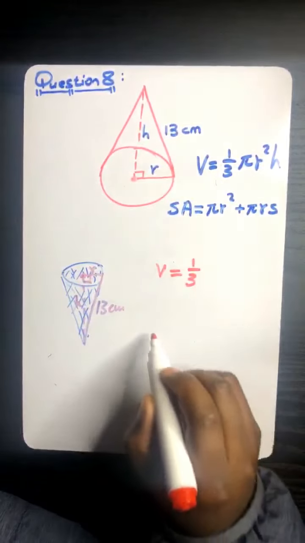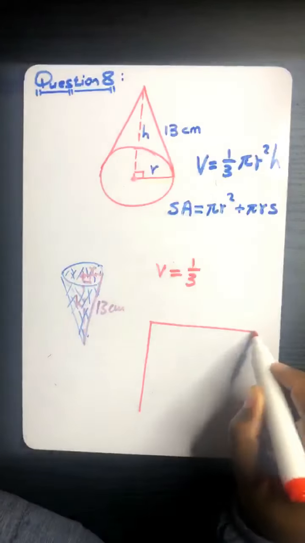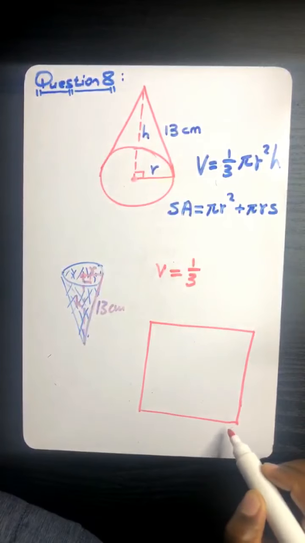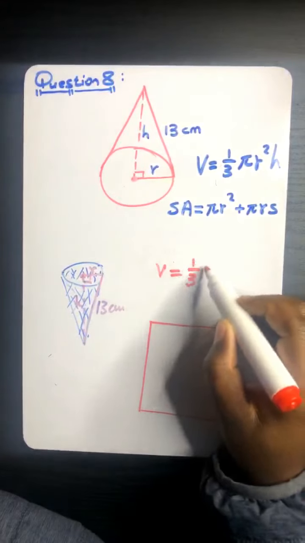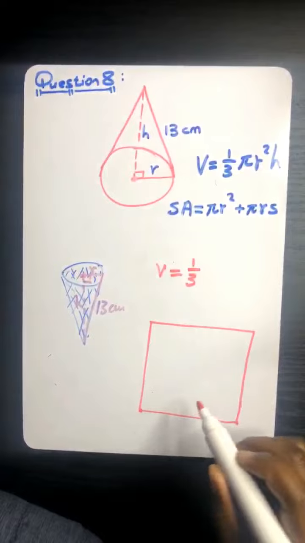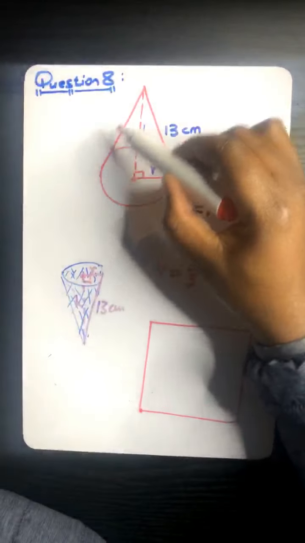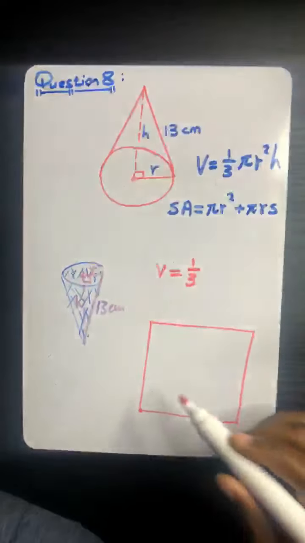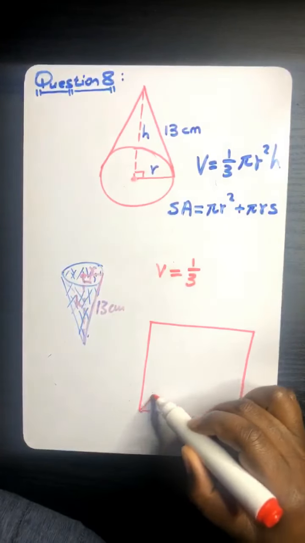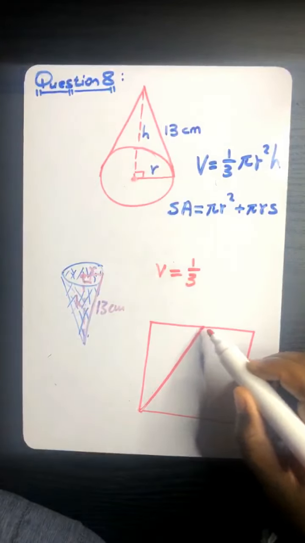But I've always known that when you have a cone, the formula is 1 over 3 something. And this 1 over 3, this is how I've always remembered it. This cone, can you see it forms that type of a thing there?